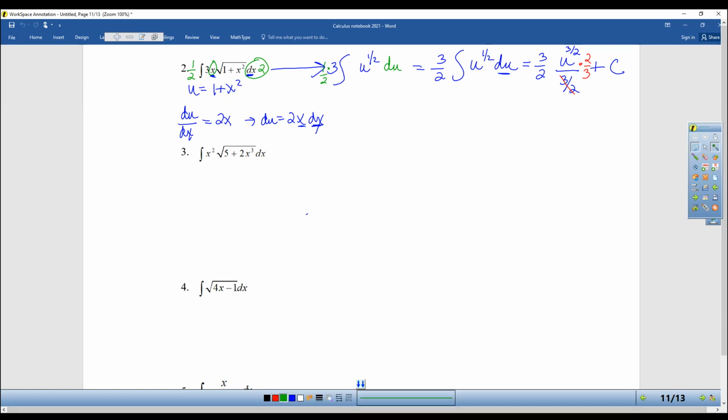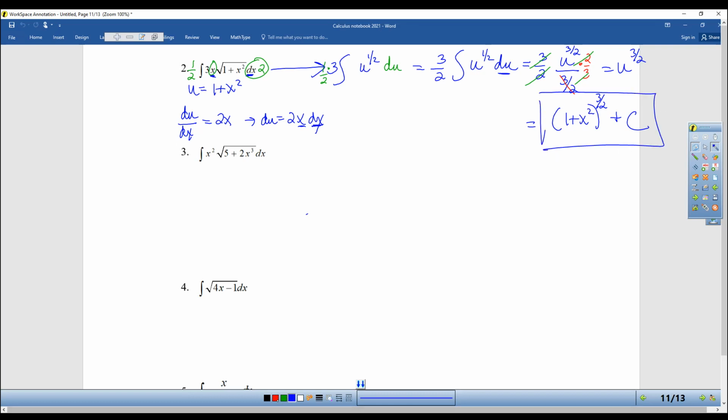In this particular case, the 3's are going to cancel, the 2's are going to cancel, and I'm left with just u to the 3/2. You actually don't have to add that c until the very end. Is equal to u to the 3/2. And what is u? So my final answer is (1 plus x squared) to the 3/2 plus c.